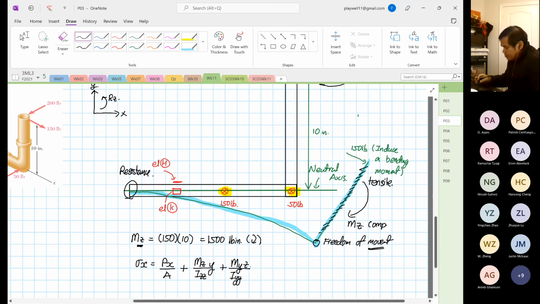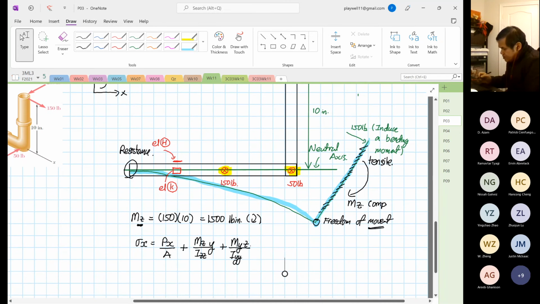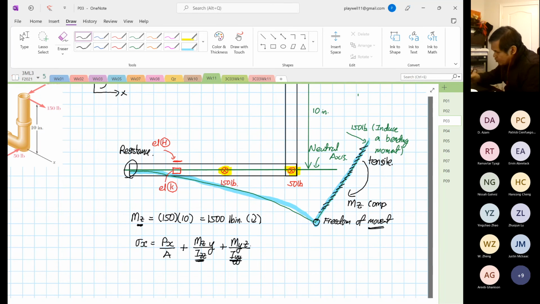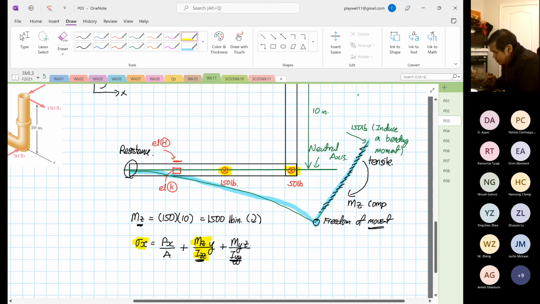Now this is critical because Izz is not always equal to Iyy. For this case, we only have Mz, so we only have this component, but it's contributing to the normal stress in the x direction.